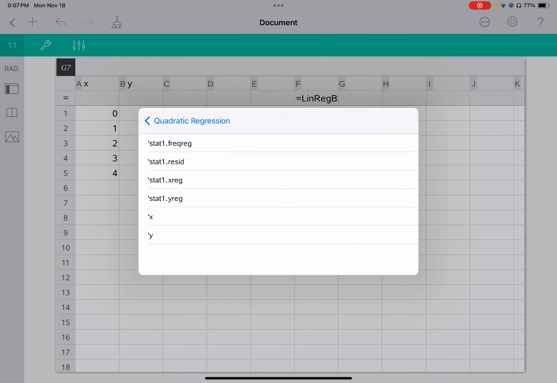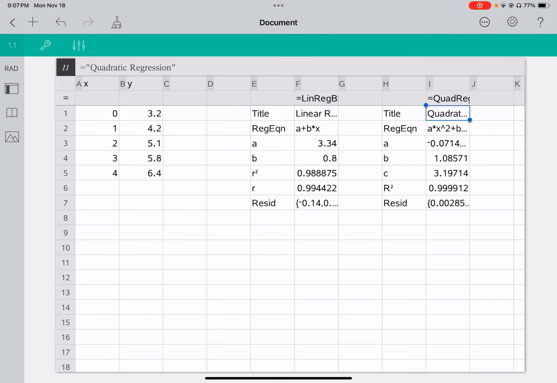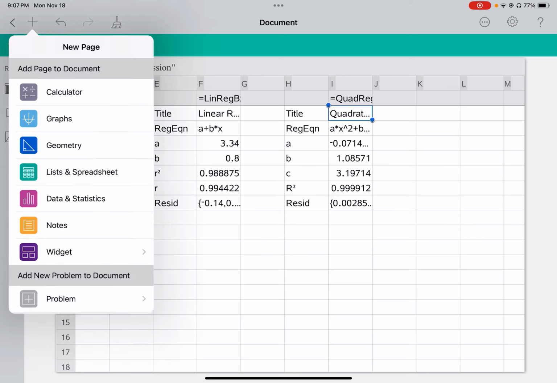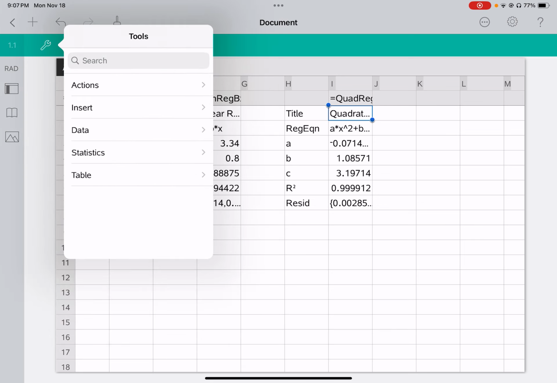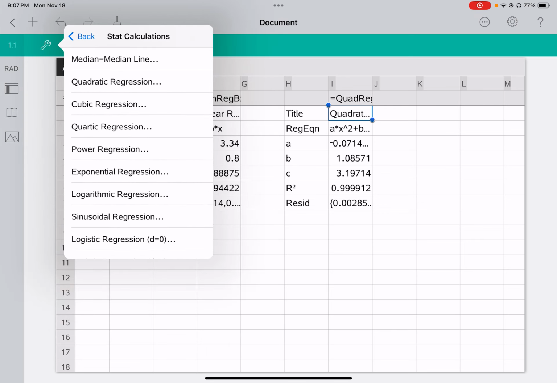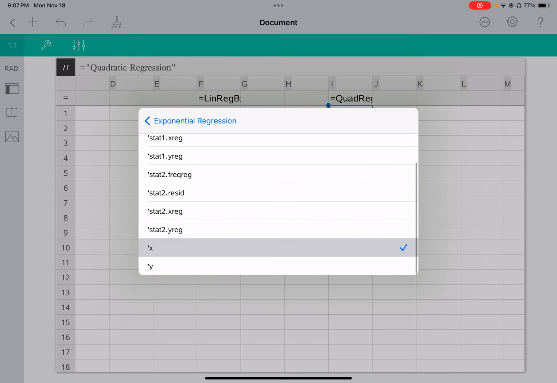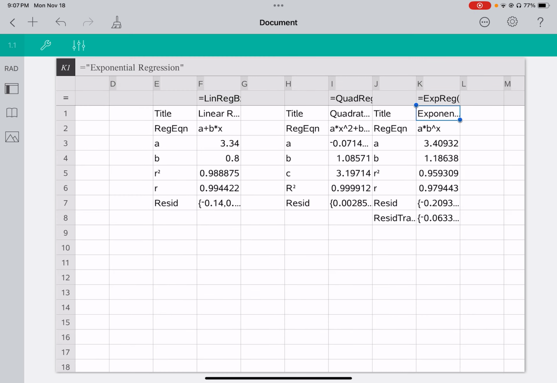And it's not going to tell me no, it's going to run the regression. And then let's say I also think it might be exponential. The calculator is not going to prevent you from selecting any of these options. So what these students did is they had one table and they ran three different regression models. Like I have here, in column F I ran a linear, in column I ran a quadratic, in column K I ran an exponential.